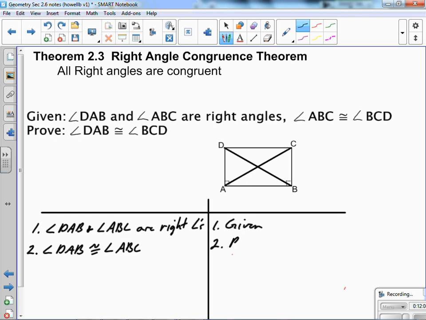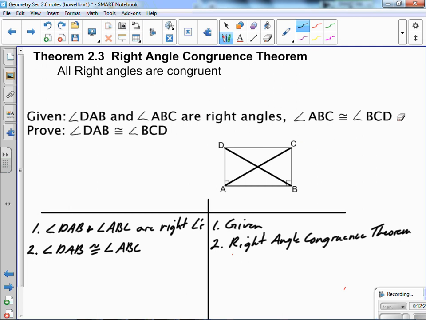And that's from the right angle congruence theorem. And so that's all we can do with that first piece of the given.